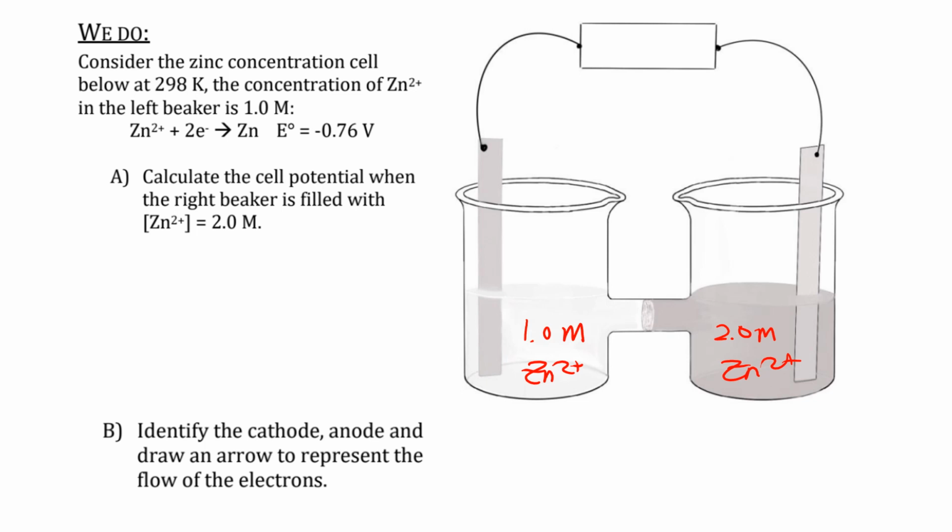So just a couple of things to know. The reaction will go until your concentrations are equal to each other. So thinking about this, what needs to happen for this to reach an equilibrium? Here, both my electrodes are zinc, so the zinc solid on the left side will dissolve into solution.